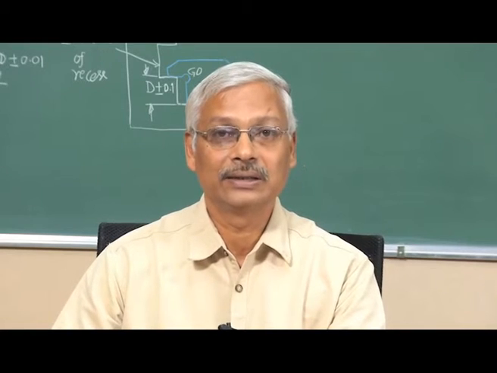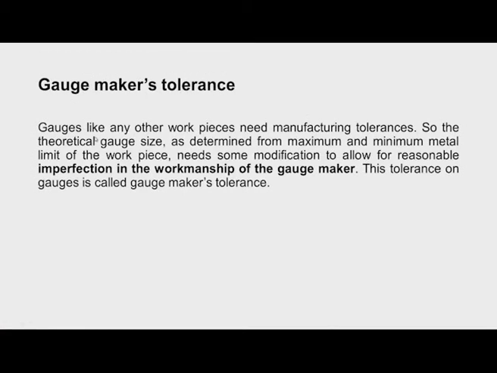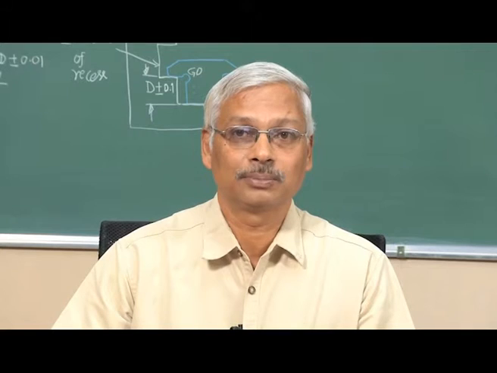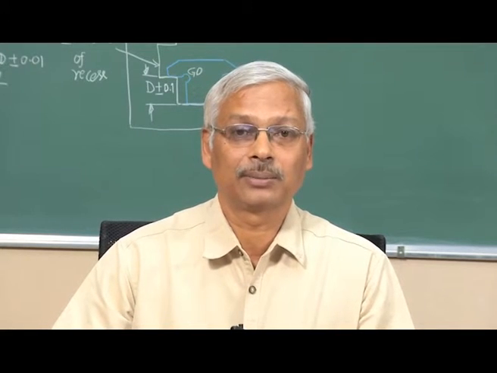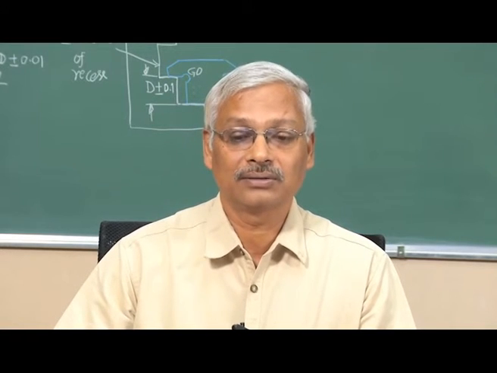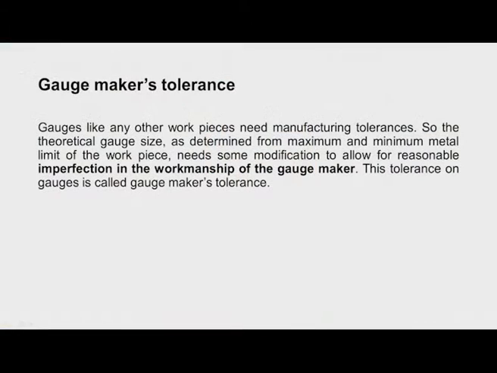Similarly, gauges, like any other engineering components, need manufacturing tolerances to achieve economical production. In the case of gauges also, some tolerance is provided, which is known as gauge makers tolerance, and producing gauges exactly to size is always very expensive.